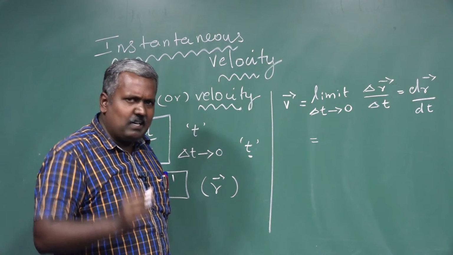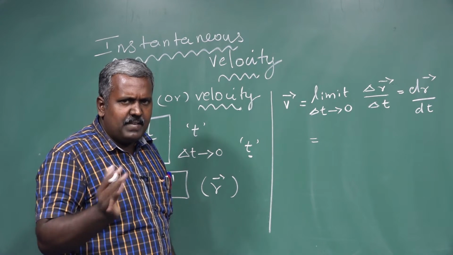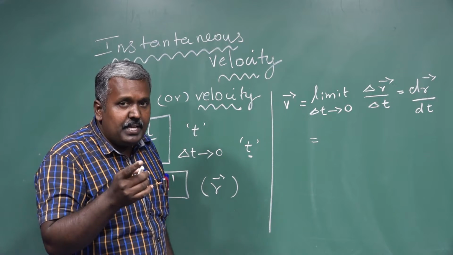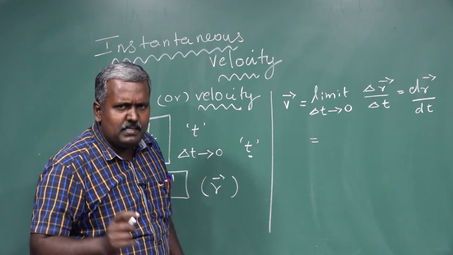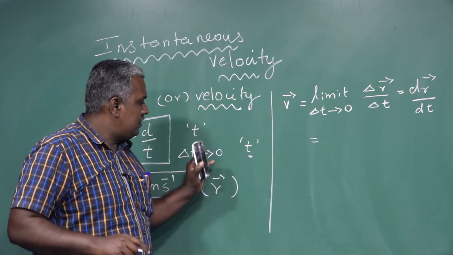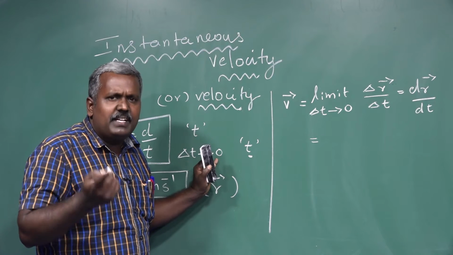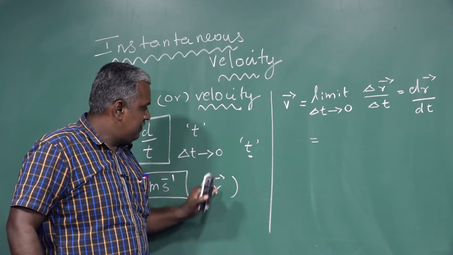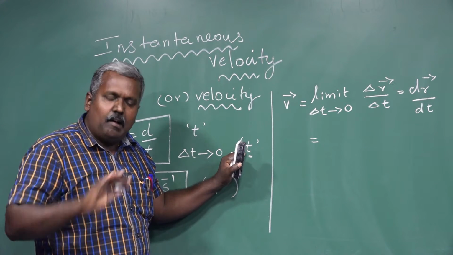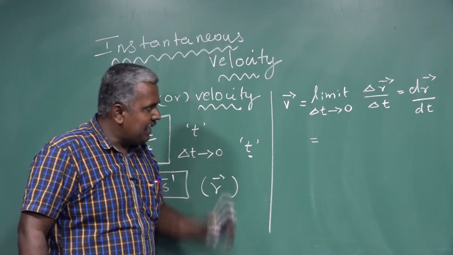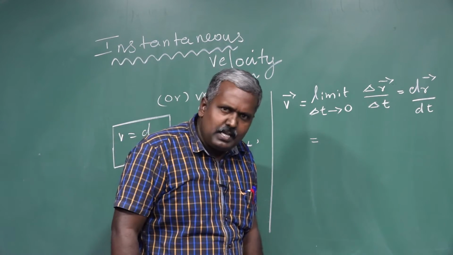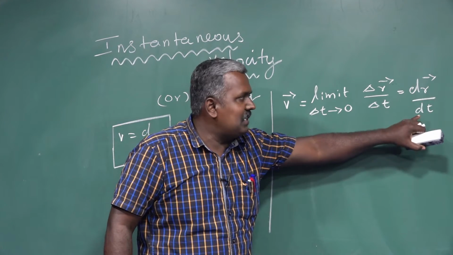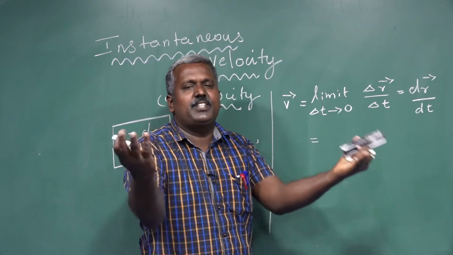Instantaneous velocity or velocity is defined as the limiting value of average velocity as delta t tends to become 0, evaluated at the time t. Or in other words, the rate of change of position vector with respect to time. That's all. That's enough. Keep only this in your mind.